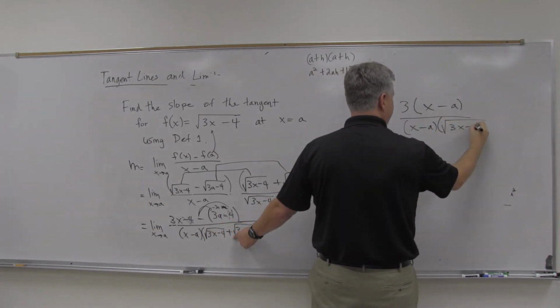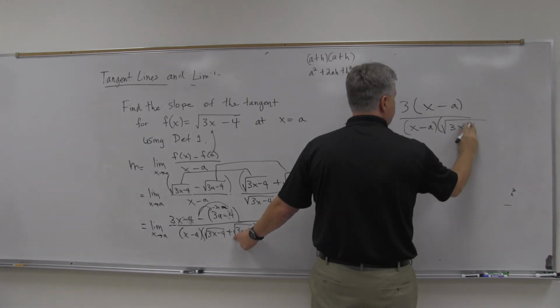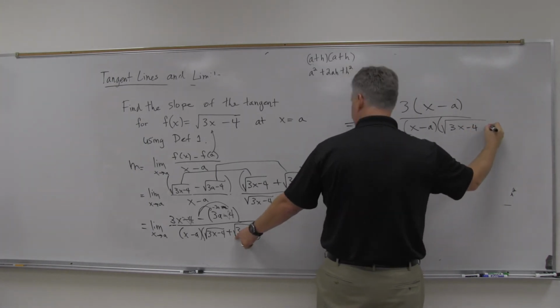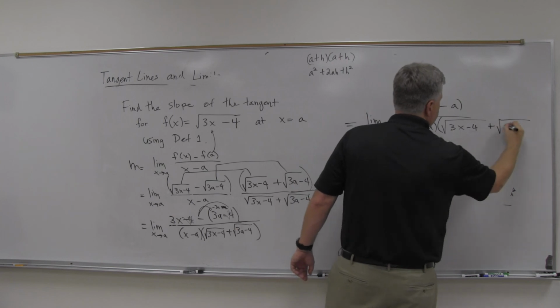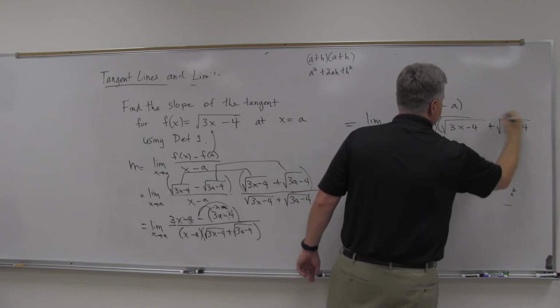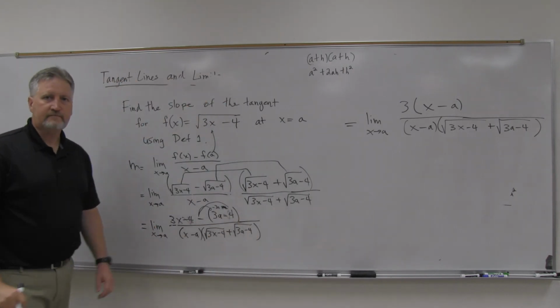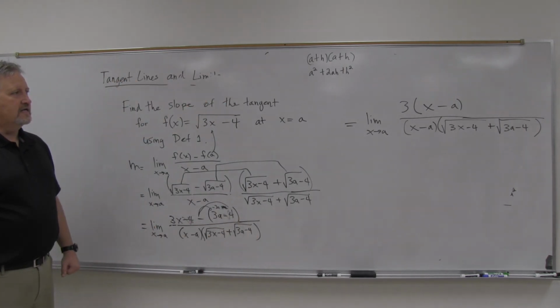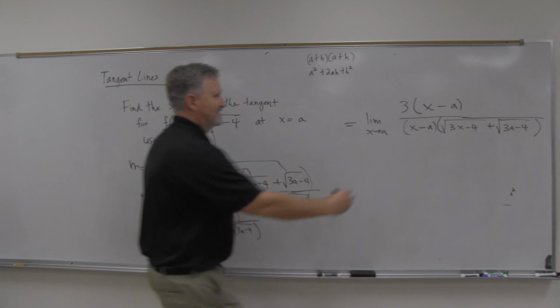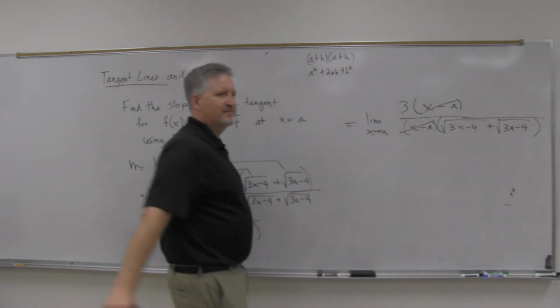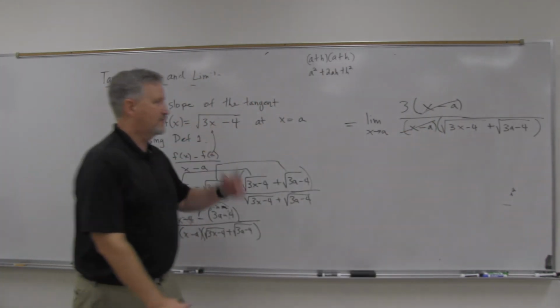It cancels them out. Then we have the square root of 3x minus 4 plus the square root of 3a minus 4. Top's just 3.